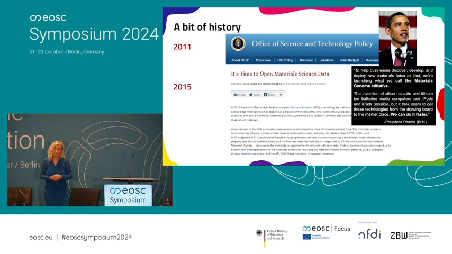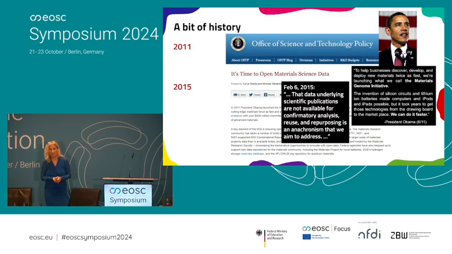Interestingly, it was only four years later that there was a press release by the White House saying that data underlying scientific publications not being available for confirmatory analysis, reuse, and repurposing is anachronistic. So it's only four years later that the White House advocated for open data. Open science came even later, right?